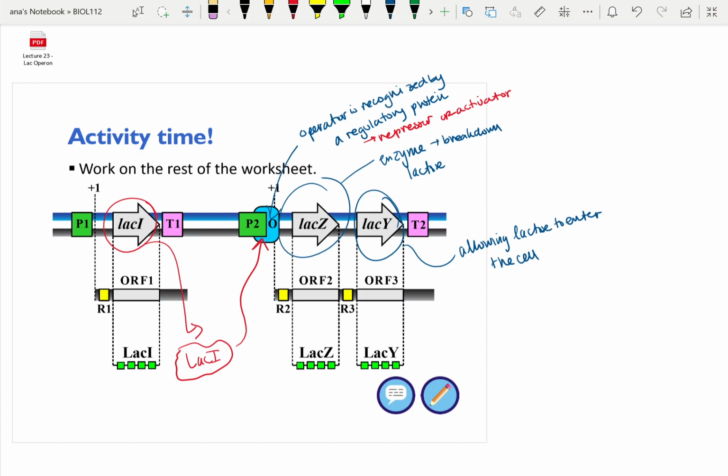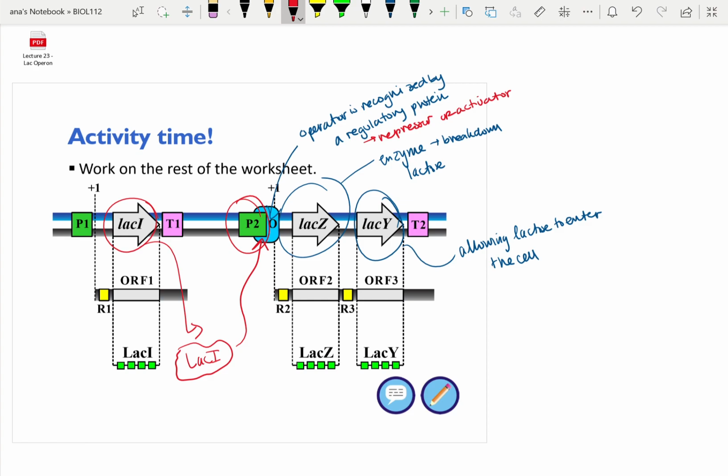So talking about a repressor, generally when operons use repressor proteins, it's because their promoters are normally very strong. This promoter right here is quite a strong promoter because normally when the repressor isn't bound to the operator, the transcription levels are quite high. And so we need that repressor to tone things down.